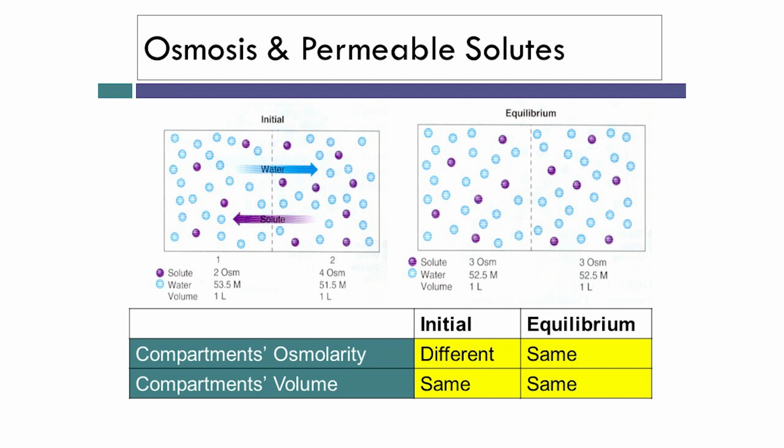From the initial state of having different compartment osmolarity but the same volume, when the solute moves to the other compartment because it was able to penetrate, or it is a permeable solute, at the equilibrium state it has now the same osmolarity. Okay? So the concept here is when you have a permeable solute, it will just try to balance. It will not create a change in the volume of that particular compartment.